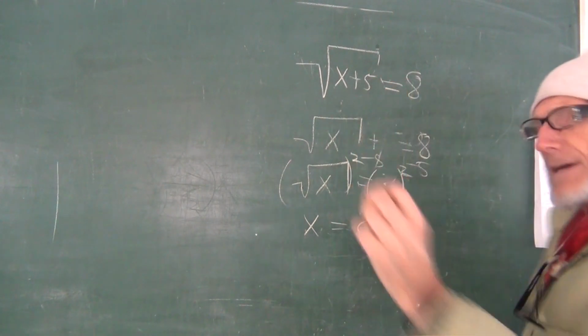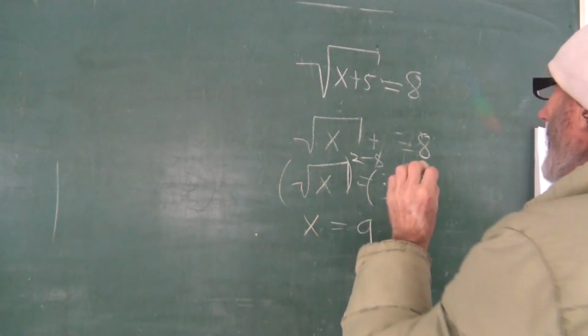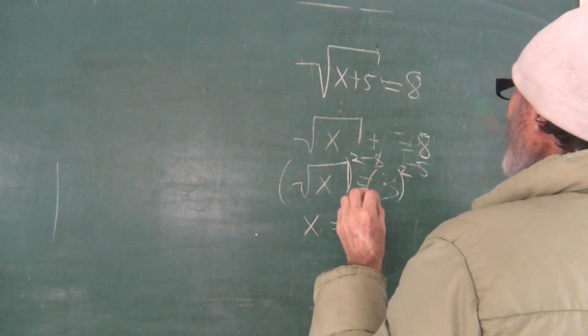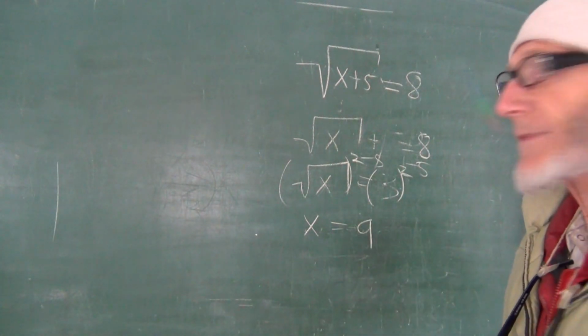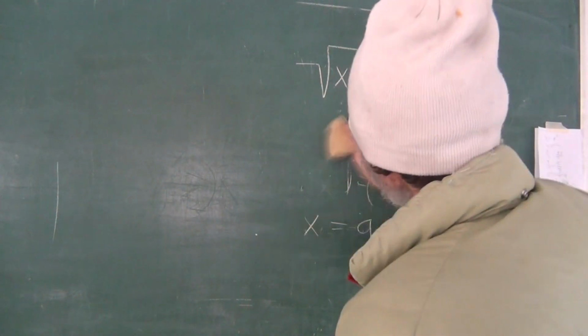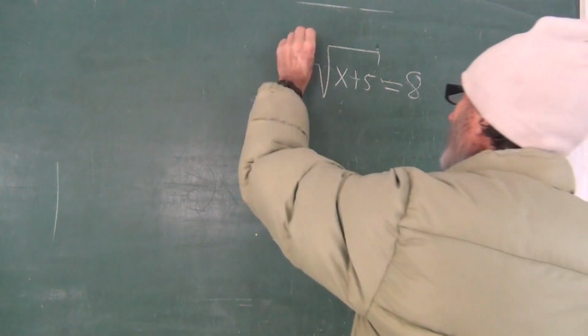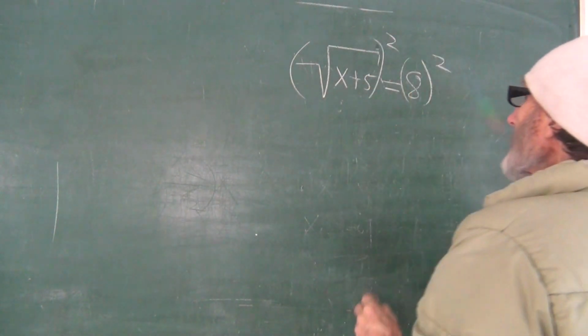But this one, let's make a better equal sign here. And we're really running low on chalk, so this would be a pretty short lecture. So in this case, to get rid of the square root, we have to just square the whole mess, what's underneath that thing. So we take this side and square it, and do the same thing to the other side.